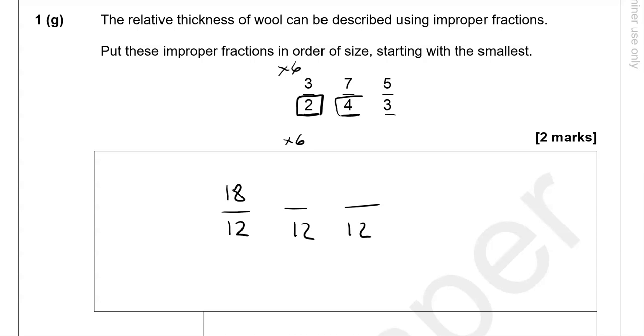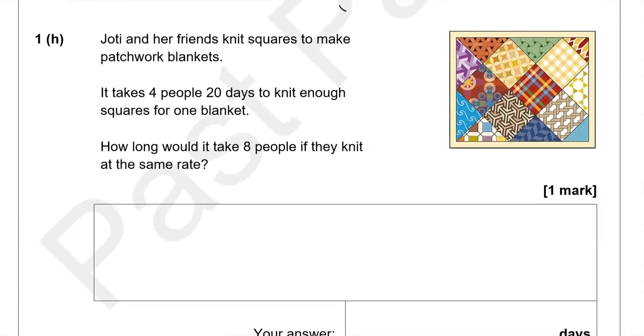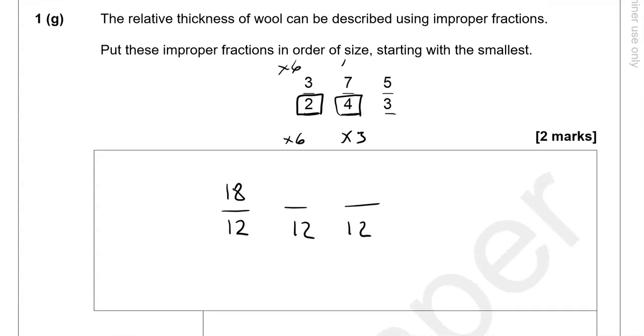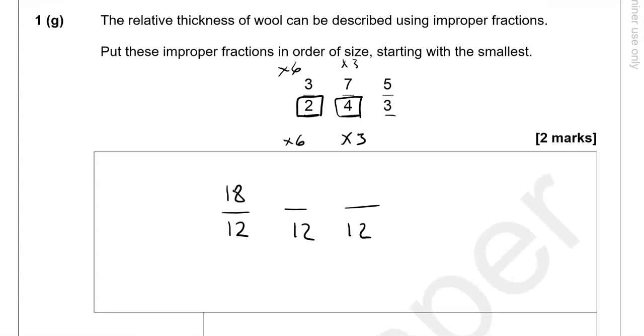Looking at the second one, to get from 4 to 12, we multiplied by 3. So we multiply 7 by 3 as well, which gives us 21. To get from 3 to 12, we multiplied by 4. So we do the same to the top number. So 5 times 4 gives us 20.